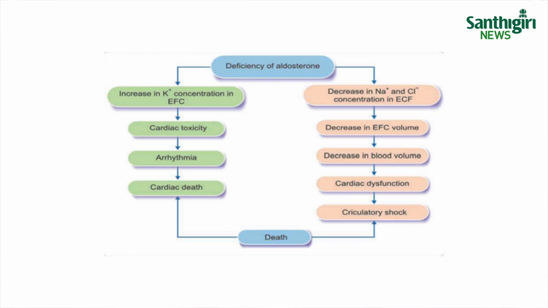So, hyperkalemia leads to cardiac toxicity, leading to arrhythmia and cardiac death. When sodium level decreases, what happens? The ECF volume decreases, blood pressure decreases, it leads to cardiac dysfunction and may lead to death. That is why it is called a life saving hormone.